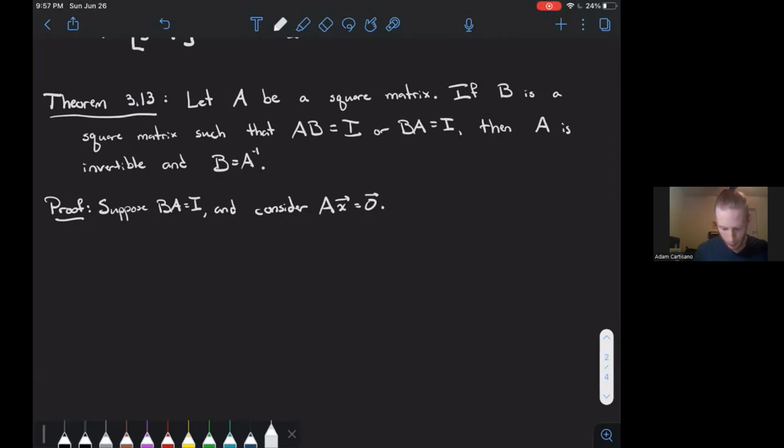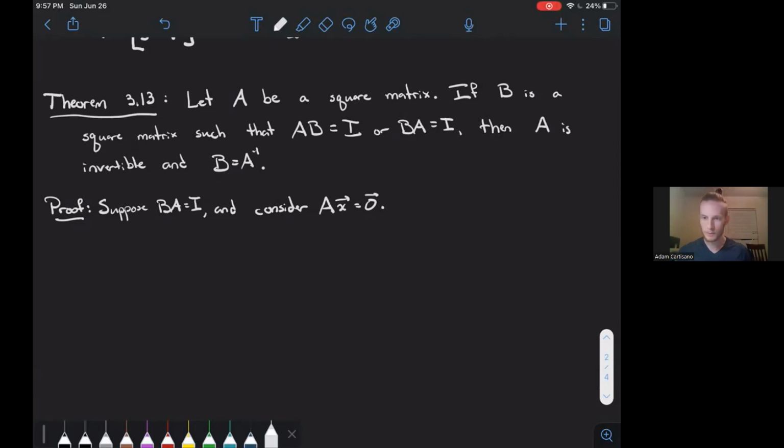So we start with, suppose that BA. We'll do one case. We have to prove this theorem once for each of these. We're going to do the BA and not the AB. So suppose that BA is equal to I, the identity. And then we just look at the homogeneous system of equations, AX equals 0.